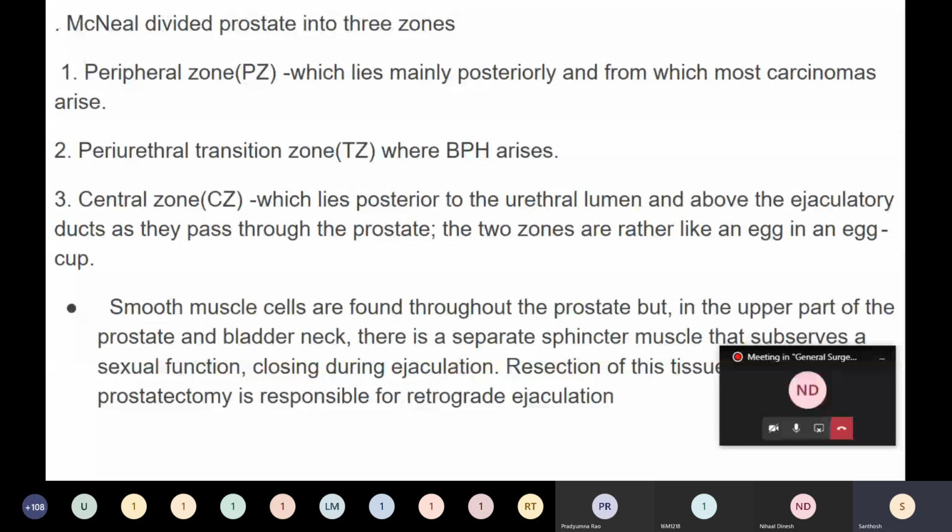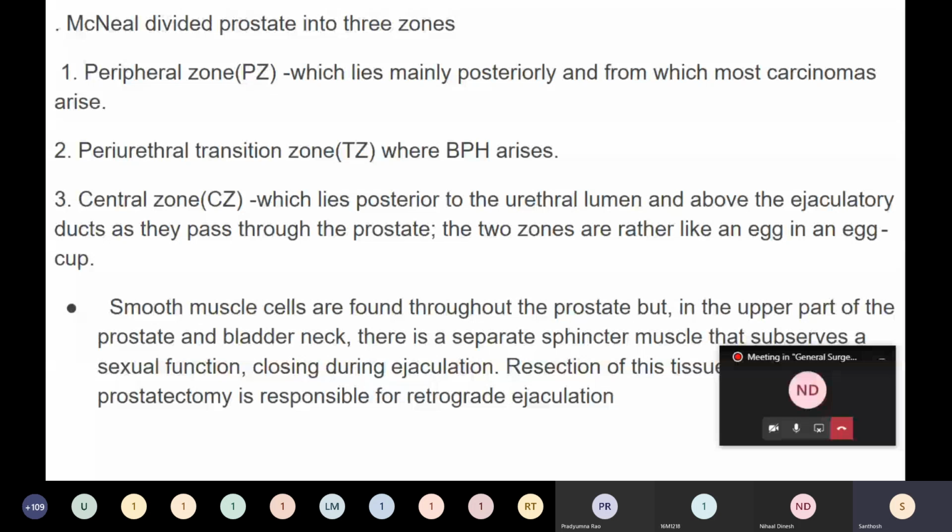Smooth muscle cells are found throughout the prostate, but in the upper part of the prostate and the bladder neck, there is a separate sphincter muscle that subserves sexual function, closing during ejaculation.